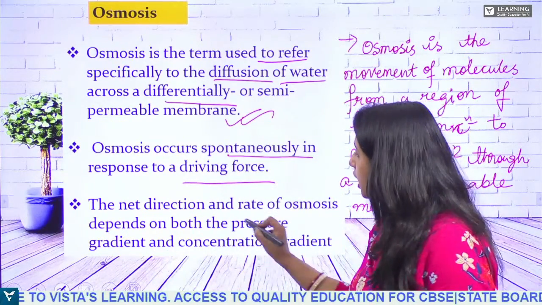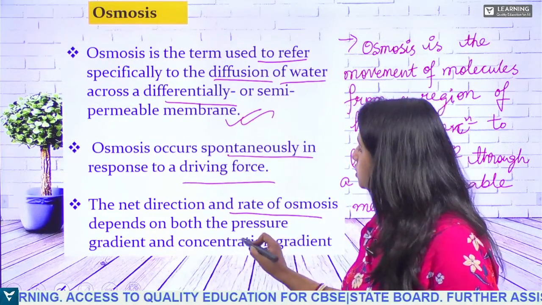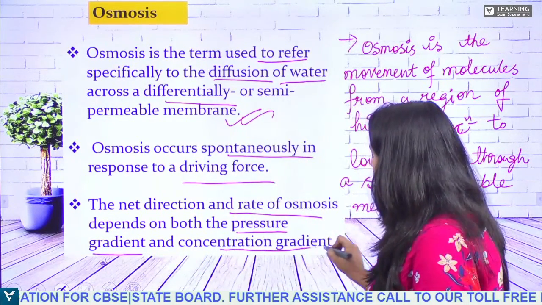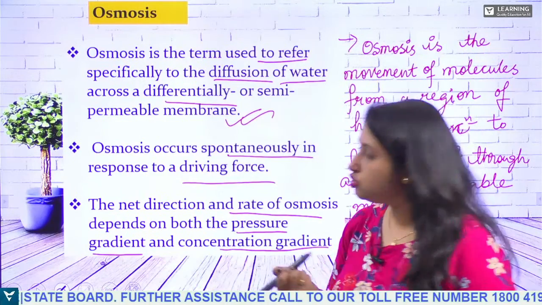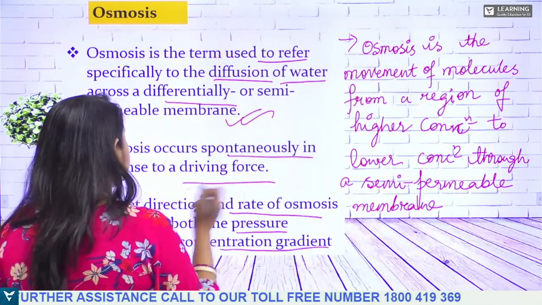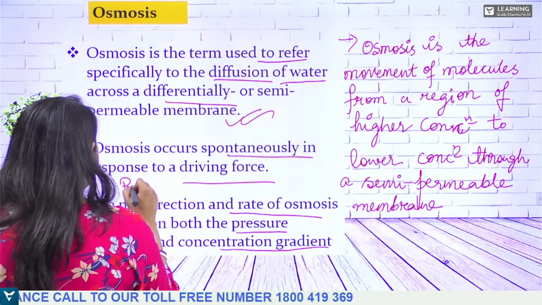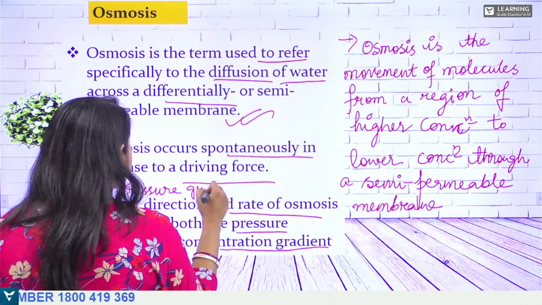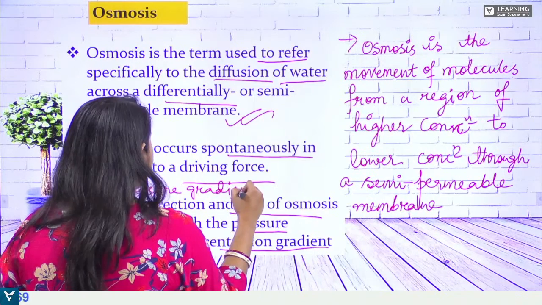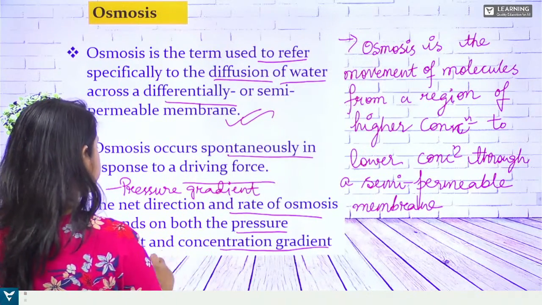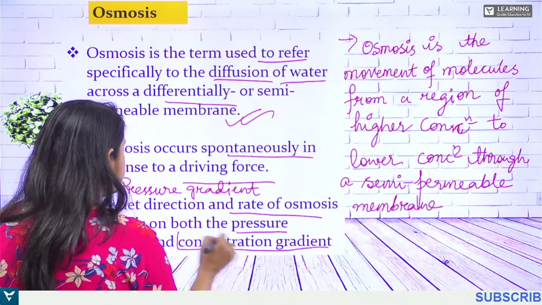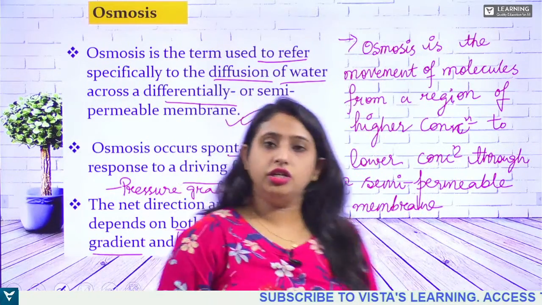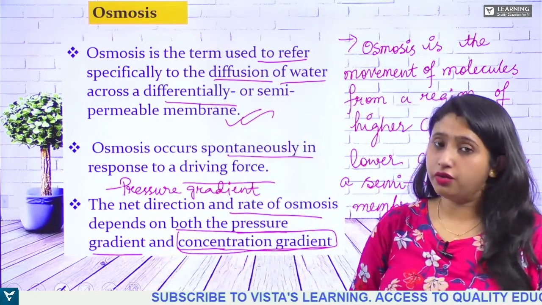The net direction and the rate of osmosis depend on both the pressure gradient and the concentration gradient. So osmosis depends on two things: pressure gradient and concentration gradient.